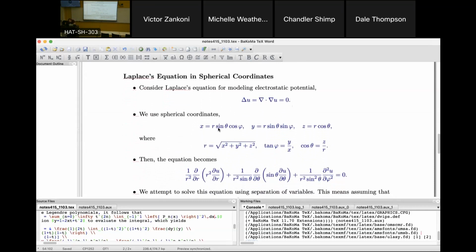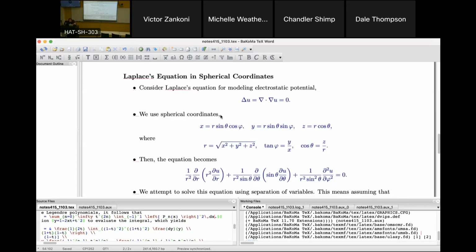So here are the spherical coordinates I'll be using. Right, and I guess this is based on the more physicsy convention, where the angle phi plays a role similar to that of theta from polar coordinates.